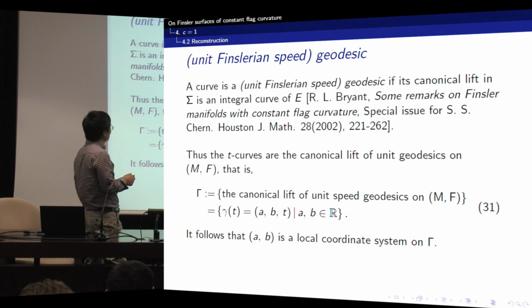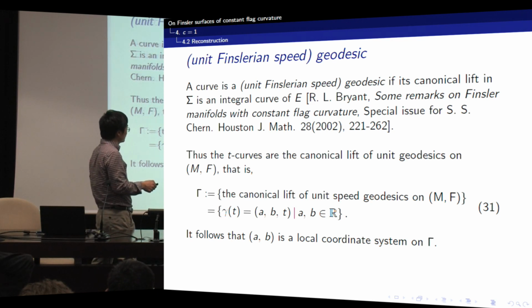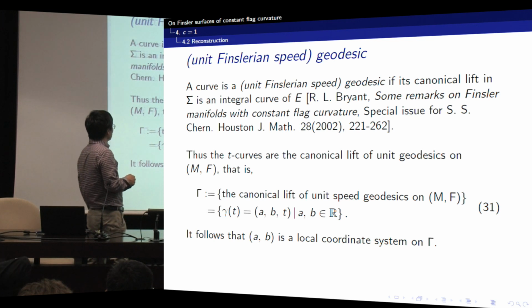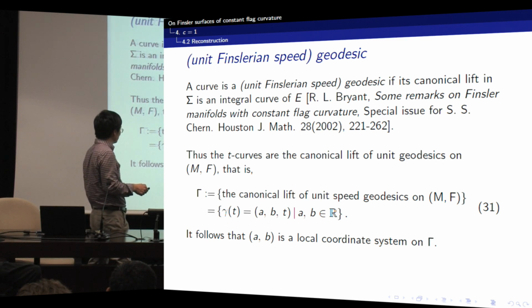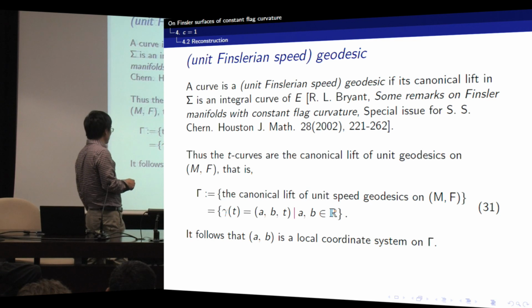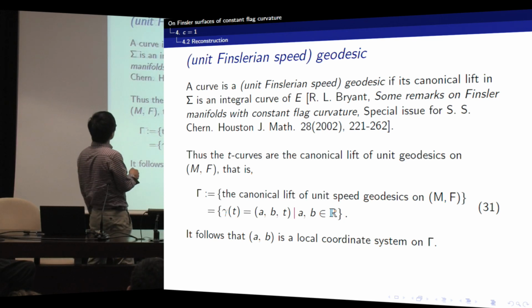Thus, the t-curves are the canonical lifts of the unit geodesics on M_F. Suppose gamma is the set of the canonical lifts of the unit speed geodesics of M_F. Small gamma(t) equals (A, B, t). A, B are constants, t is a variable. It follows that A, B is a local coordinate system of this gamma.